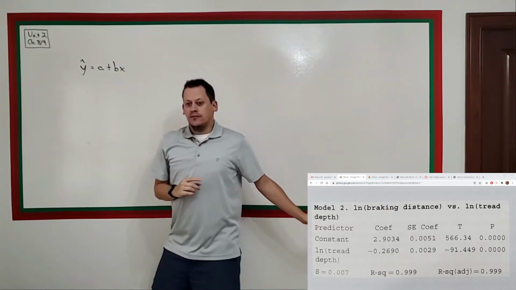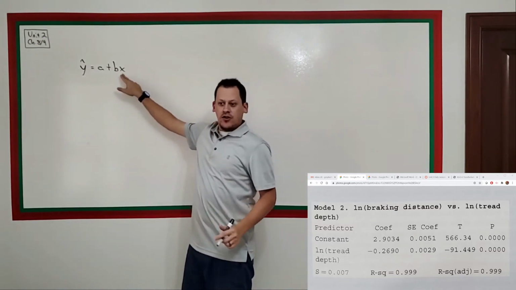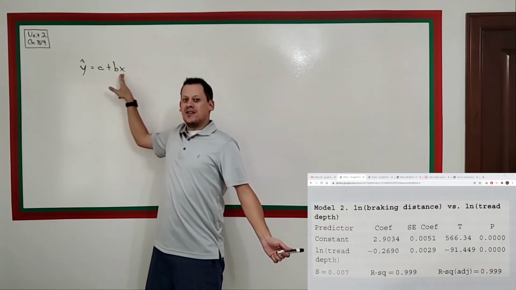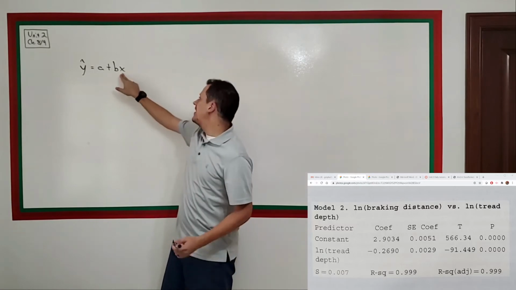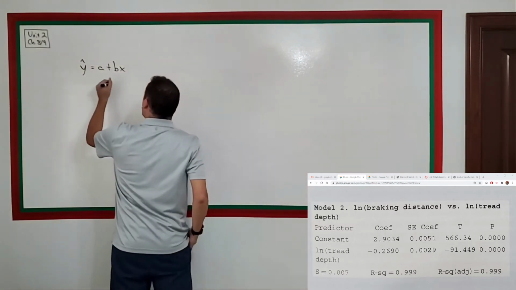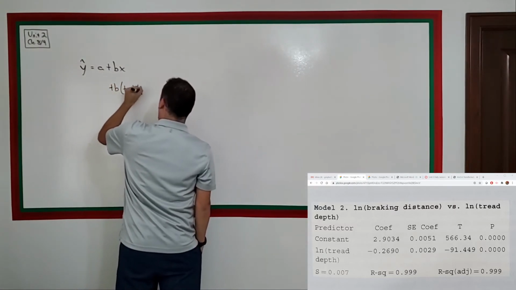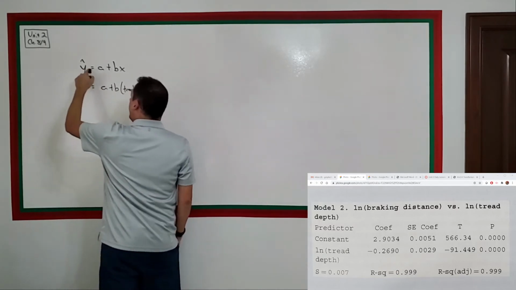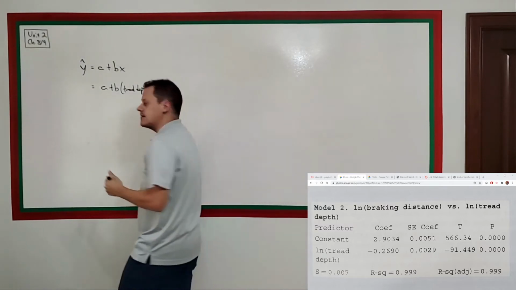Given this output, it's easier to determine which variable is the x variable because it's the one that's here. It will always be here. Okay, so since we're talking about the natural log of tread depth in the model, that's going to be x. So I know that's tread depth, and that makes y the stopping distance, or braking distance.